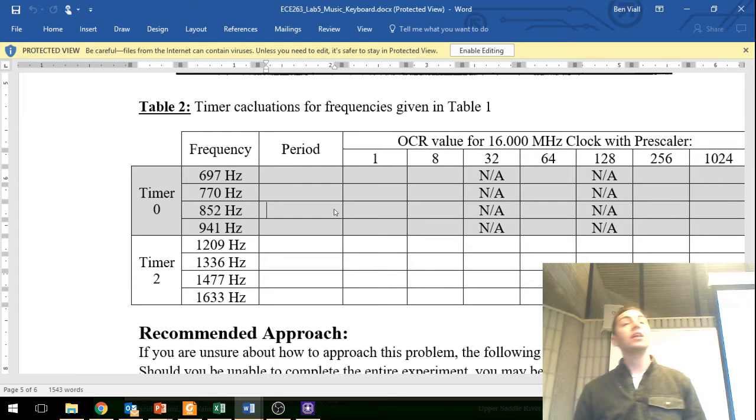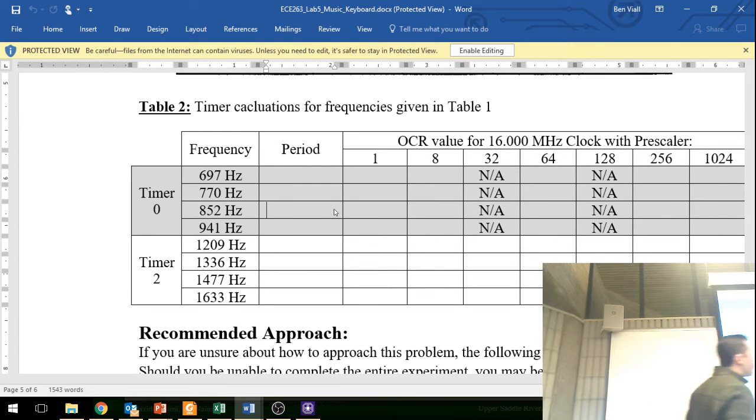You're going to want to calculate the error, the percentage error that these will give you. So, for instance, you will find a number for 256. It will be some number because math will always give you a number. It's your job to associate that number with something that makes sense. So if you get 3.7 here, you can't put 3.7 to an OCR register.